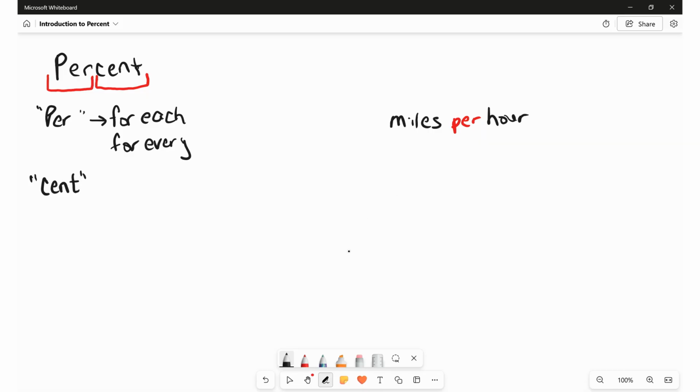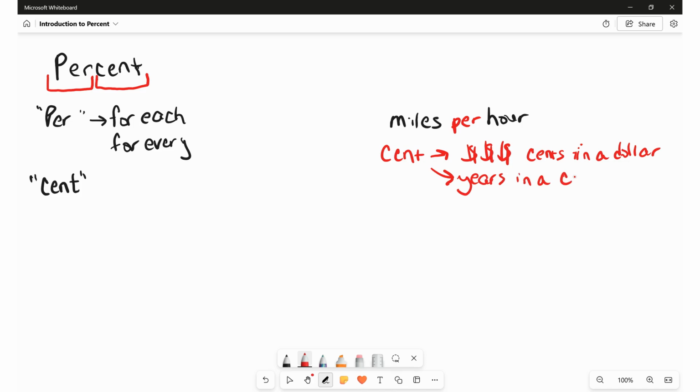Let's look at some other places that cent shows up. When we think about cent, we can think about money, right? Think about how many cents are in a dollar. Or perhaps we can think about years in a century.